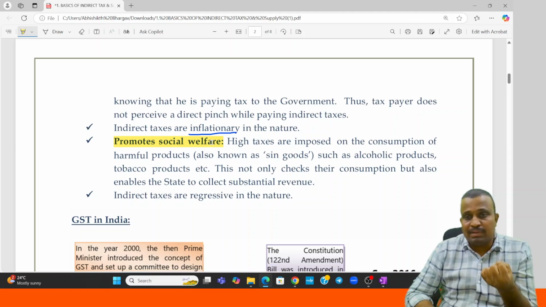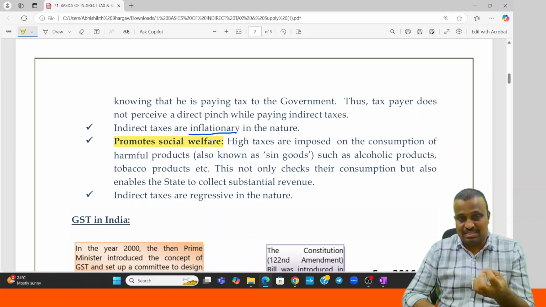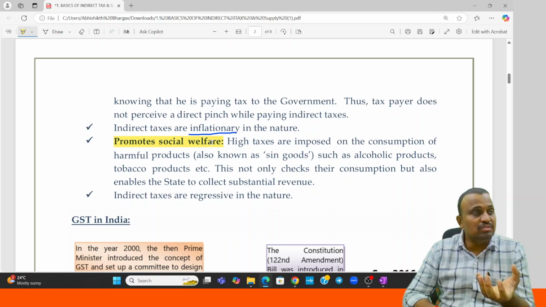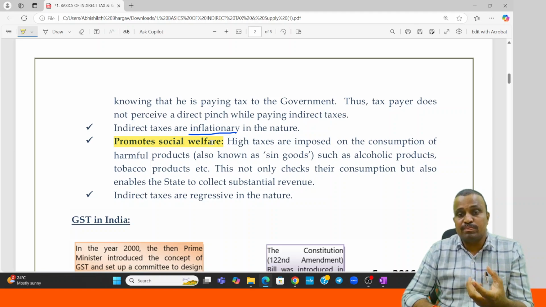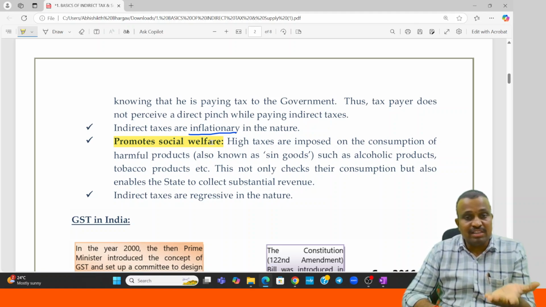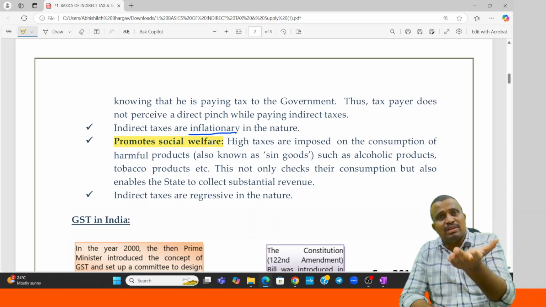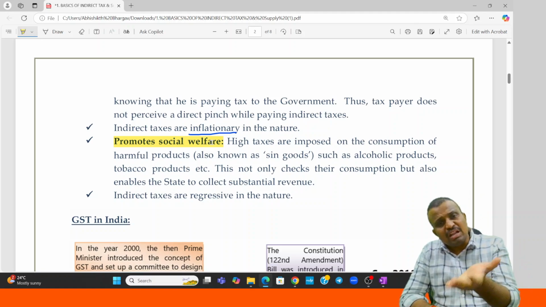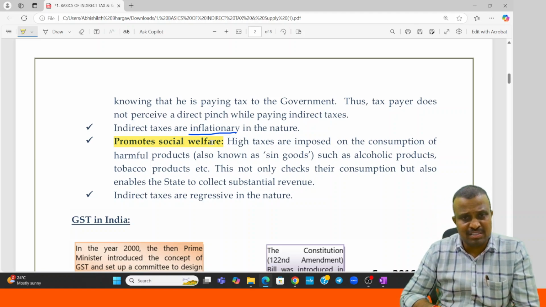The government says we are imposing more taxes on sin products. Sin goods stands for those products which are harmful to the health of human beings, like alcoholic products and tobacco products. As the tax increases on these products, their price also increases. Due to that, as the price increases, the demand for the product decreases, and automatically consumption decreases.